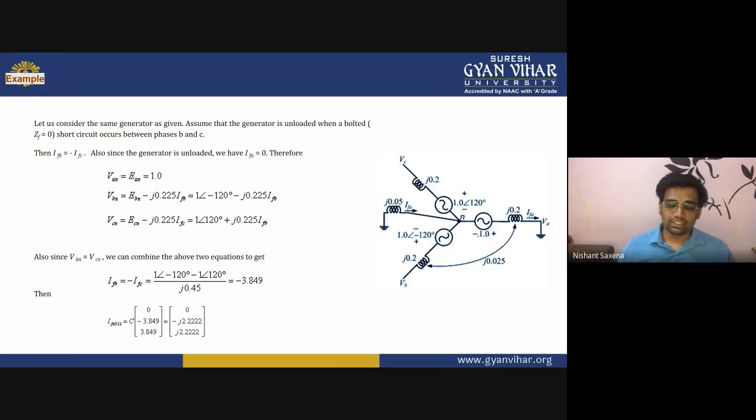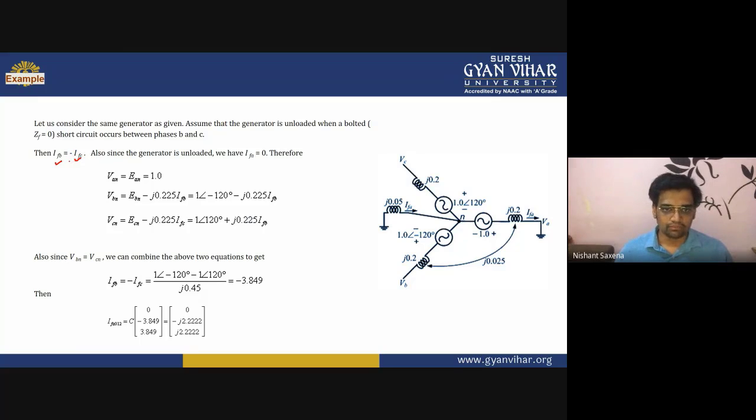In the bolted short circuit, the fault impedance is assumed to be equal to 0. Now from the previous equations, we can say that IFB1 and IFC1 are equal but with opposite polarities.